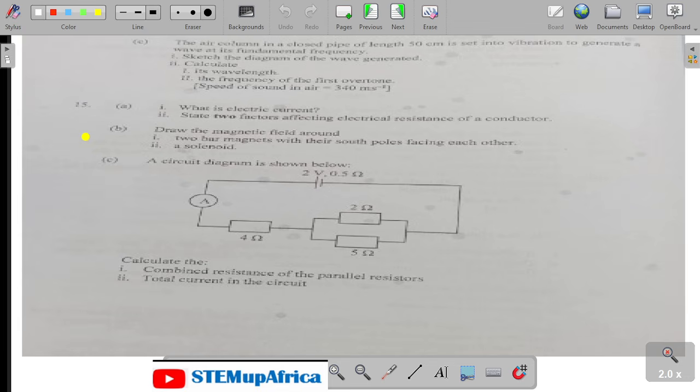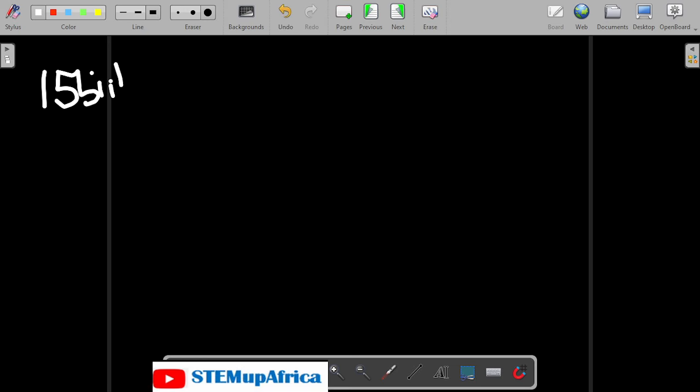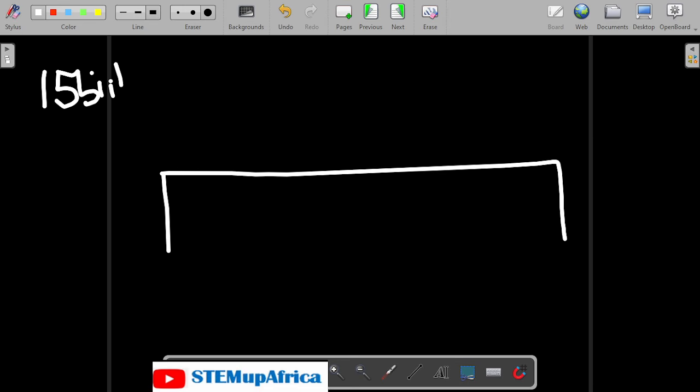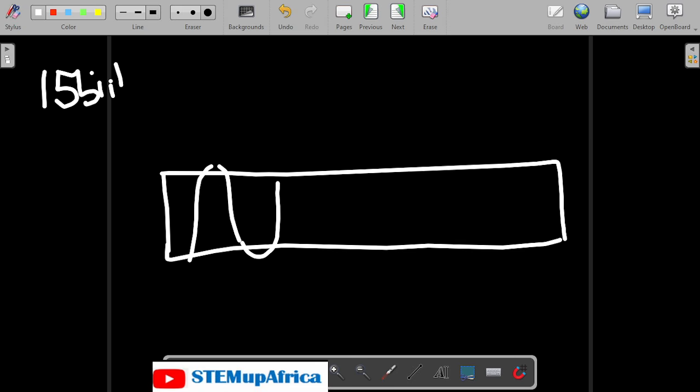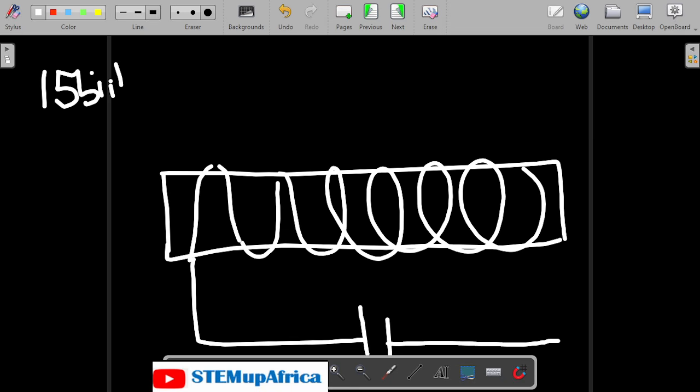Then the second said around a solenoid. So 15B Roman figure 2. Around it, you know what a solenoid is? Around the solenoid we have something like this. This is how a solenoid is. Then we have our magnetic field.